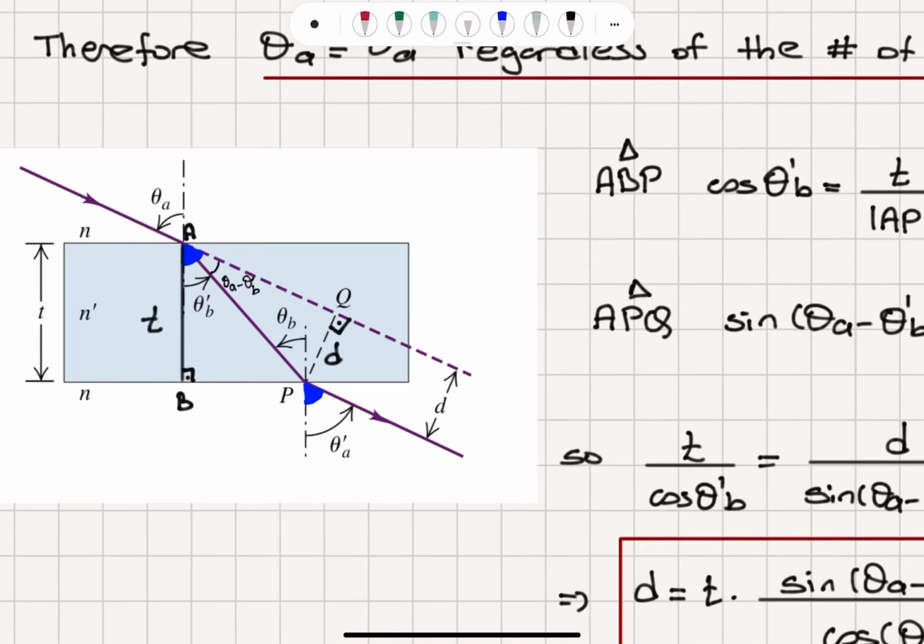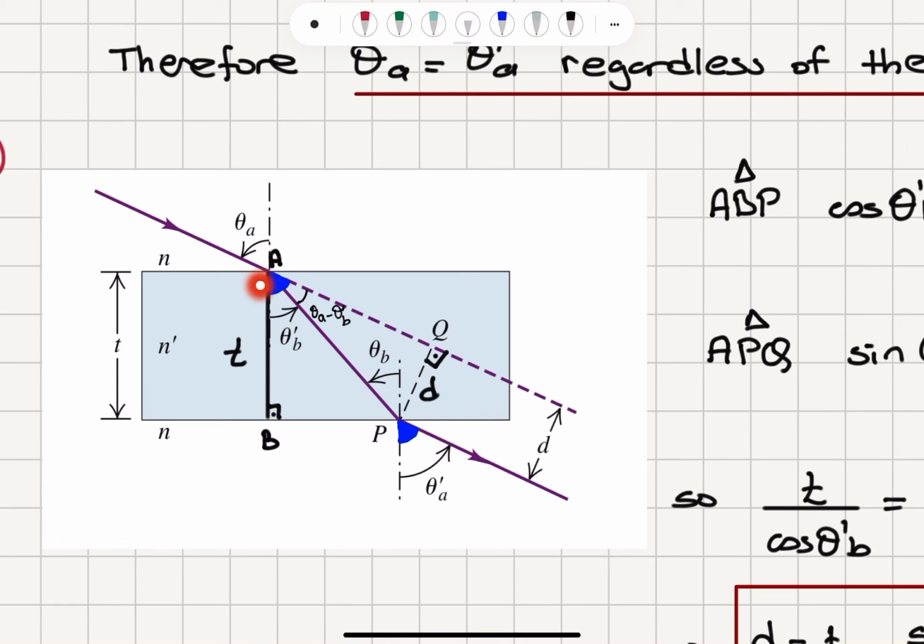The amount of offset can be calculated by considering these two right triangles ABP and AQP. We write the length of AP in terms of cosine of theta prime B and sine of theta A minus theta prime B. Why theta A?